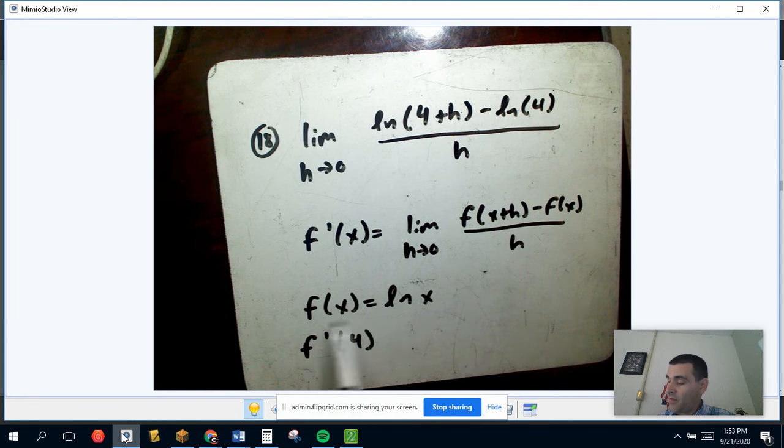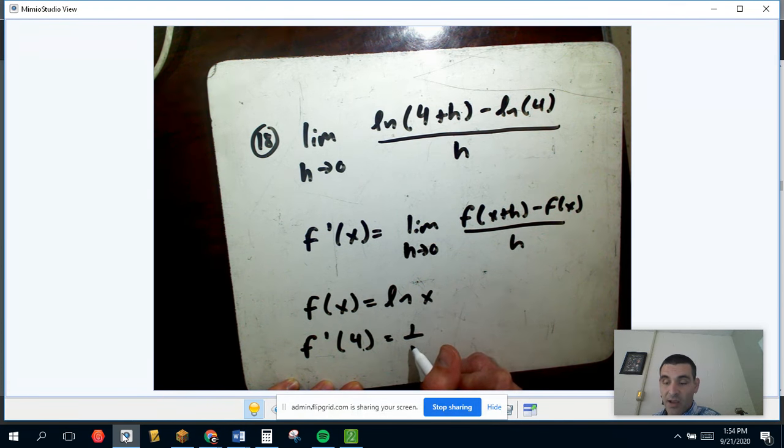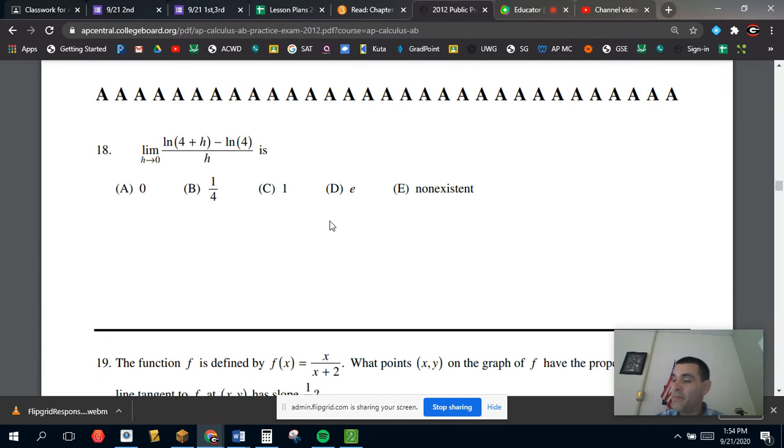So it's the derivative with the 4 in that position. The derivative of natural log is 1 over x. So the derivative of natural log evaluated at 4 would be 1/4. Let's see what we got here. So B for number 18. Know your definition of derivative.